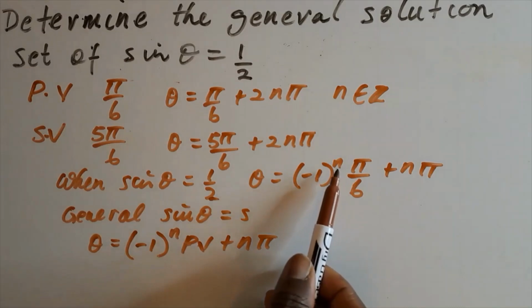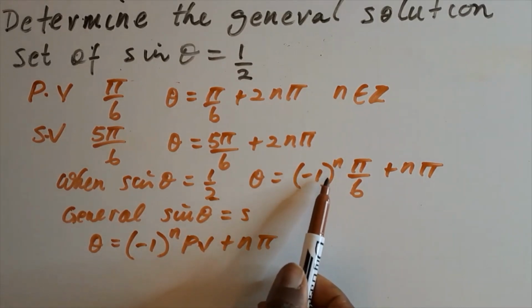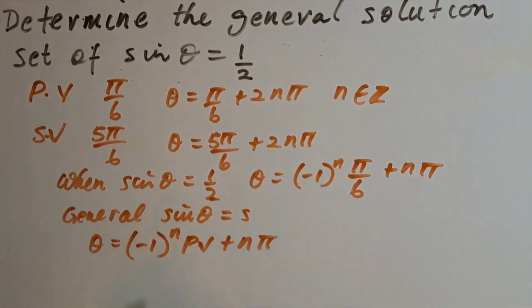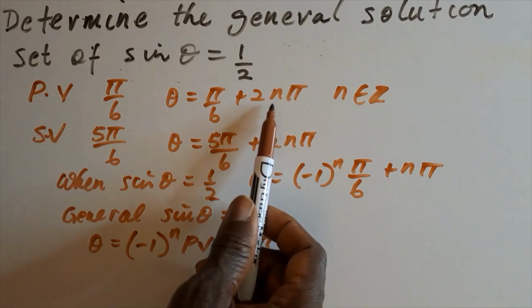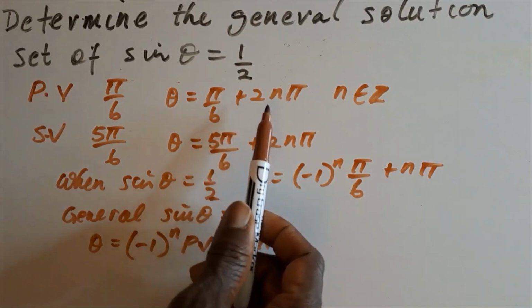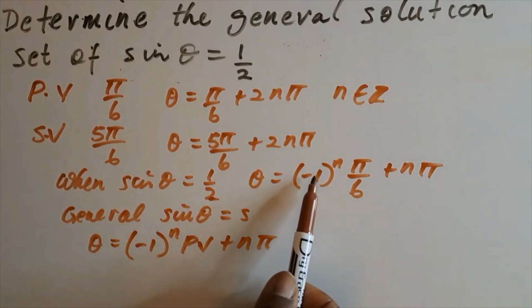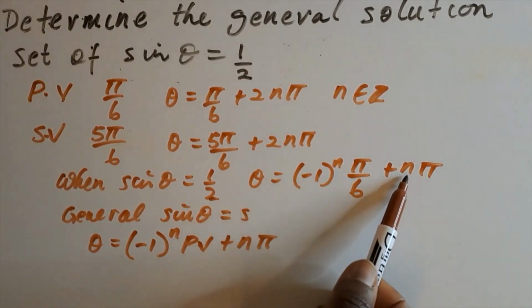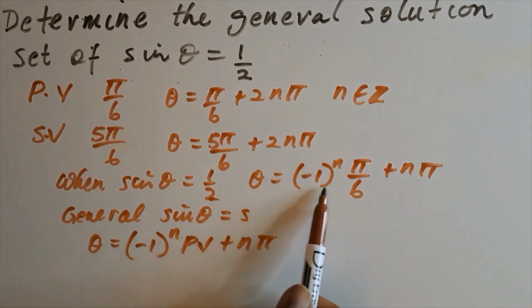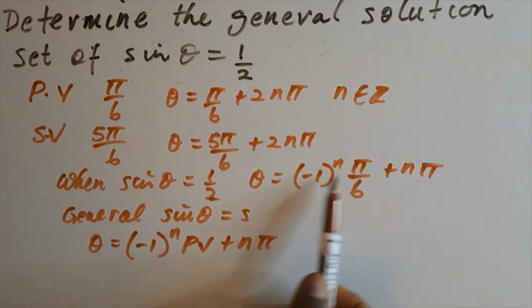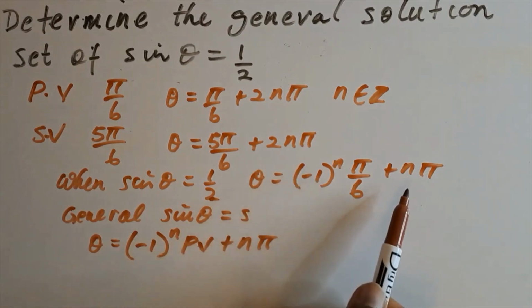Now, just to explain how this works, minus 1 brackets to the n power. For odd values of n, this will be negative. If you check odd values of n, starting with 1, 3, 5, you'll have a negative result, and this will take care of that. So when n is odd, this will be negative, and this also will be negative, which will give you a positive result.